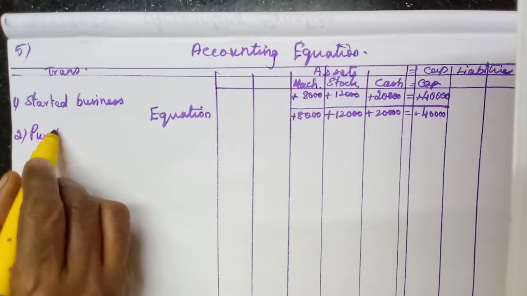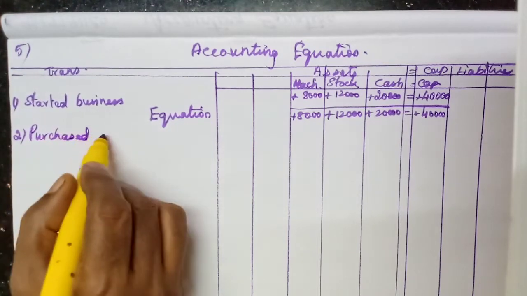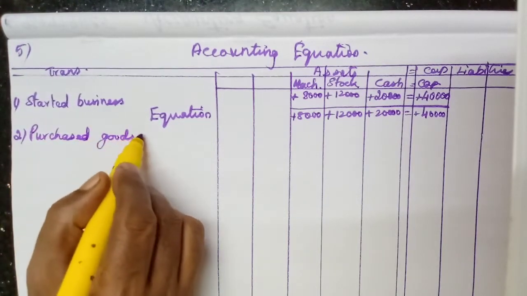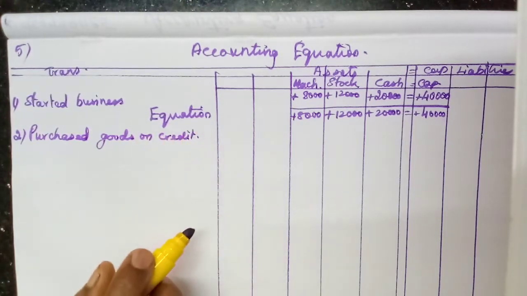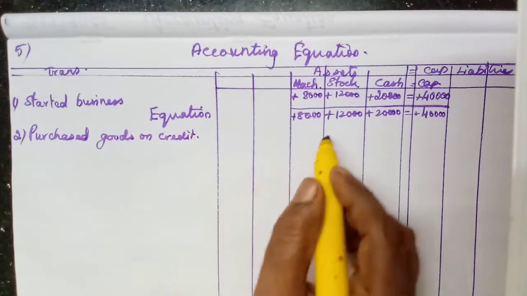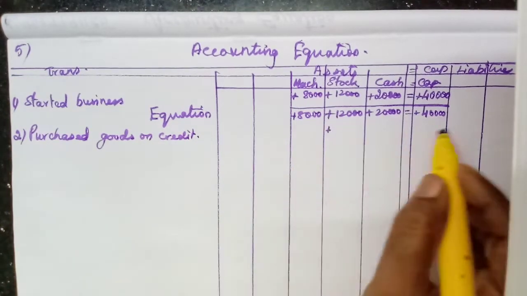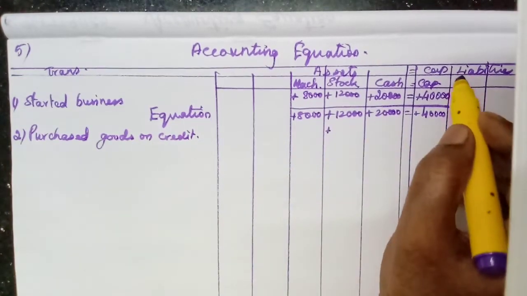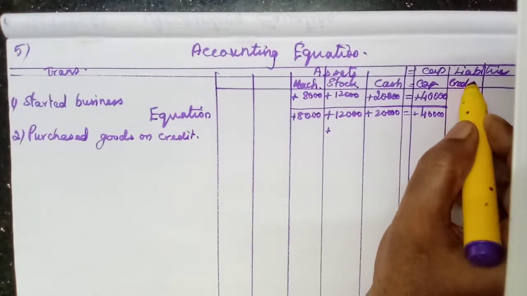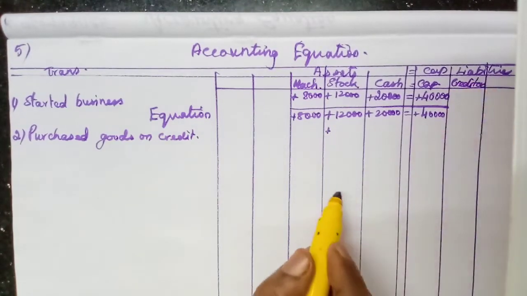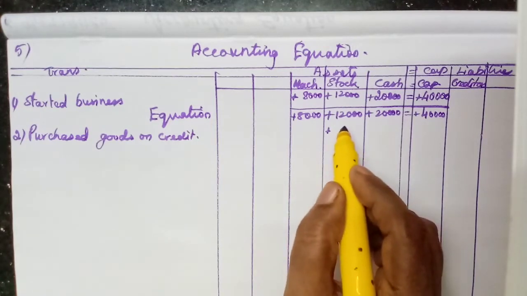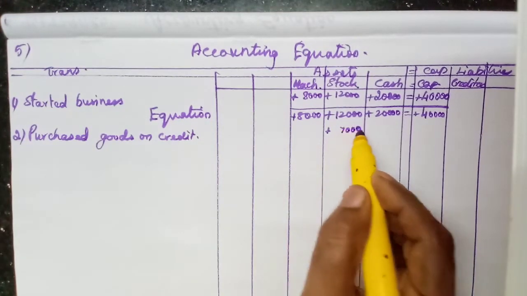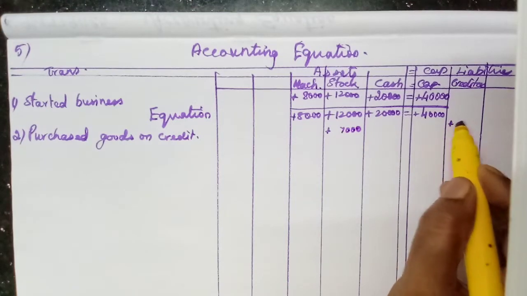Then second transaction, purchased goods from Ramani on credit. You can write purchased goods on credit, because we never write the name of that person. Creditors only we will write, isn't it? Purchased goods will increase the stock, and it will increase the liability. They are called the creditors. So how much are we purchasing? 7,000. It will increase the liability, 7,000.